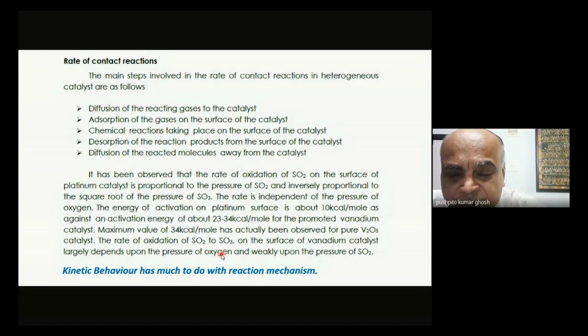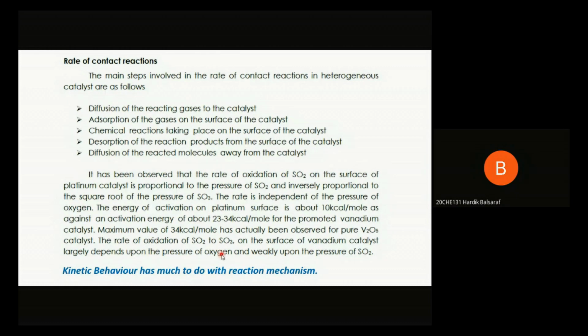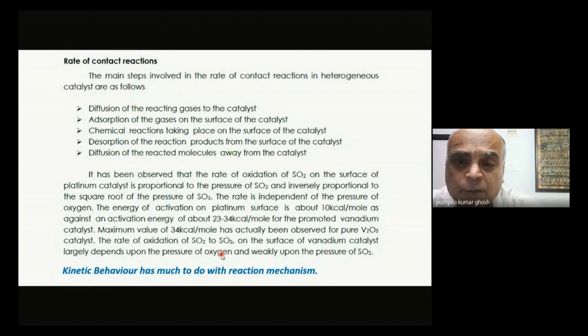What it means is that the throughput of the reaction, that means from the same catalytic bed, I'm not going to push as much SO2 as I would be able to do in the case of the platinum catalyst, because my SO2 is relatively more dilute. Got it? Yes, sir. That's how profound it is.